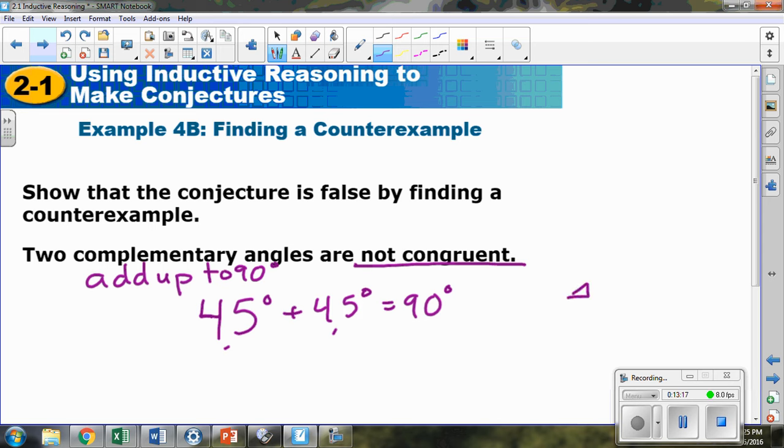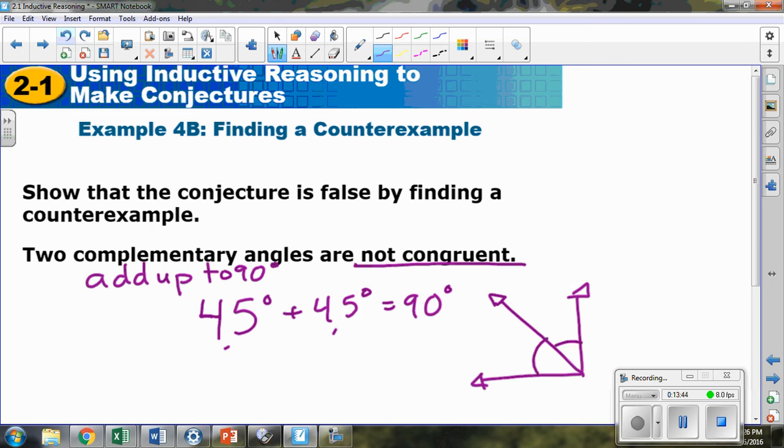We could do the exact same thing with a drawing. Here are two angles that are complementary because they make a corner. It's pretty obvious, though, that these two angles are not congruent. We need an example where they are, so we come up toward the middle.